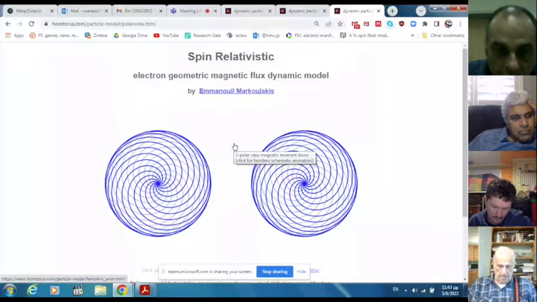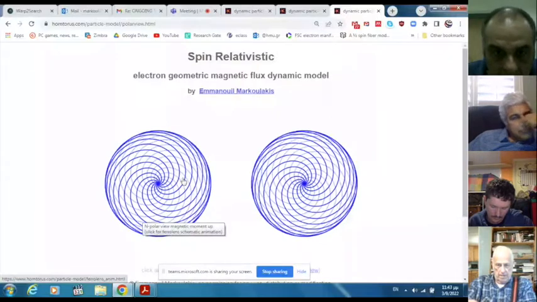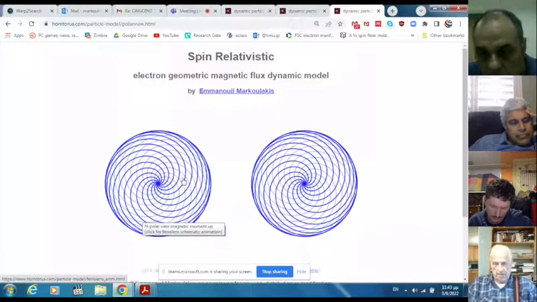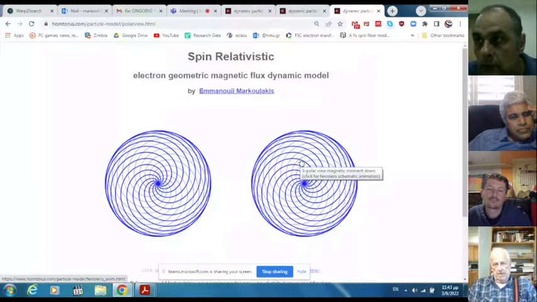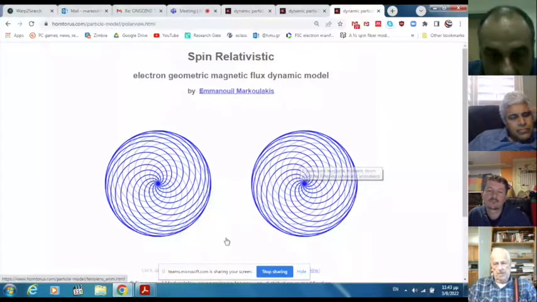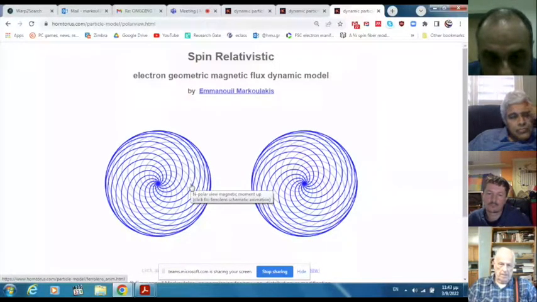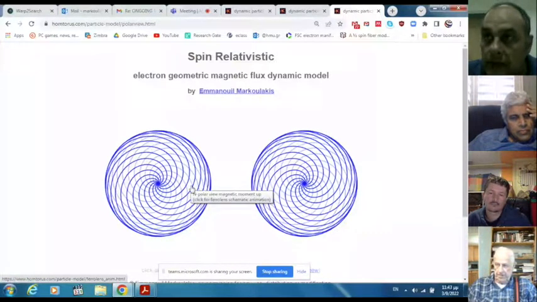So here you see the one electron, the left-handed, and the right-handed from the other side. And the same, but vice versa, when you view the manifold from the south pole. Now they say that they alternate. When you choose a point in space, you will see that it alternates between the darker flux line and the softer, lighter one in the background.